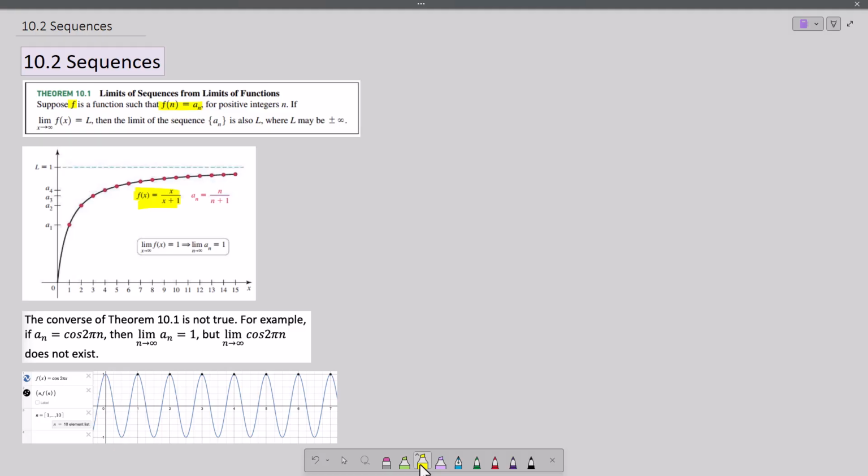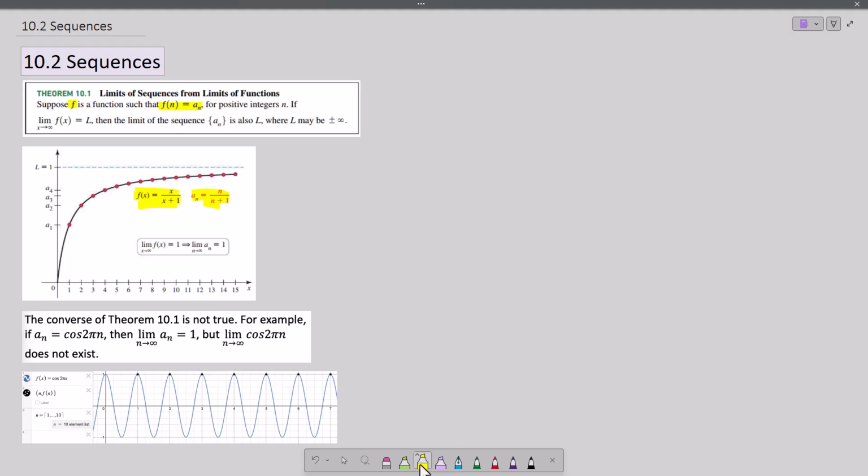The red dots are the sequence. So the sequence is a subset of the graph of f. It's not all of f because the sequence is just dots. There are gaps.